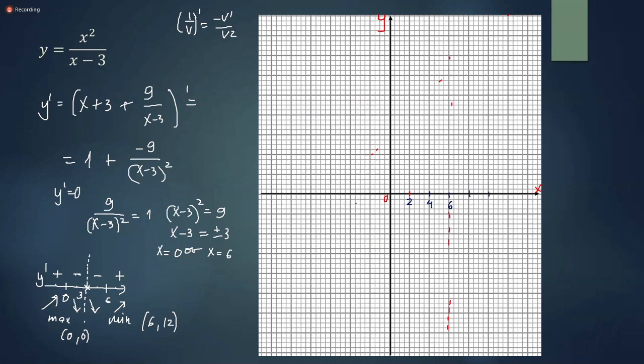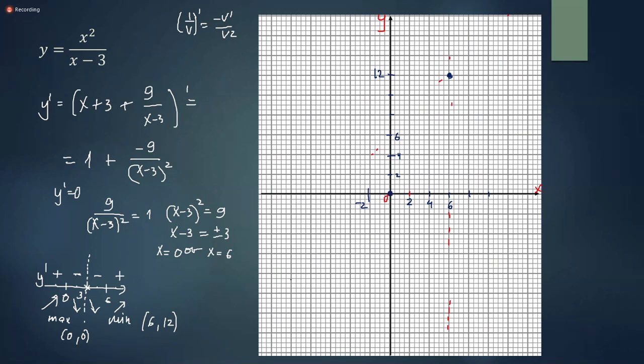And this will be -2, and this will be 2, 4, 6, and we need 12. 8, 10, 12 for the minimum point. So now the minimum point 6, 12, this one, the maximum point 0, 0.